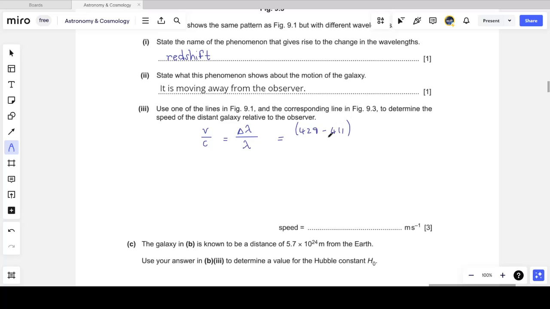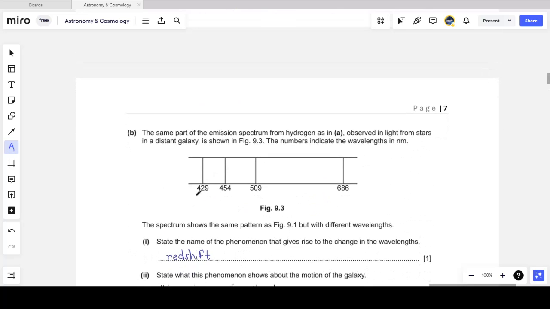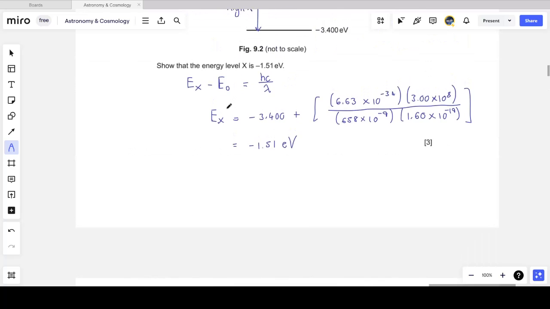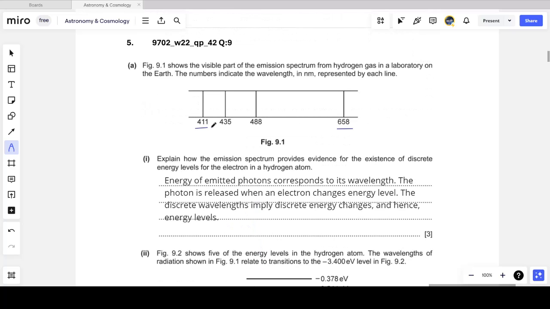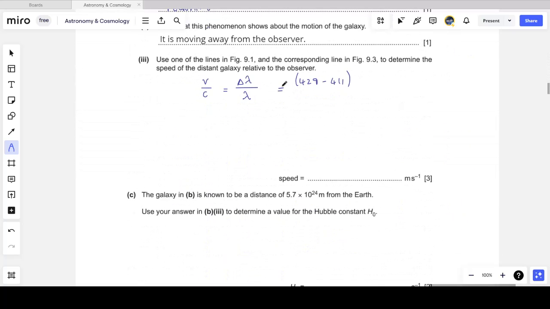You can use any of these lines. I've decided to use the first one on the left, the lowest wavelength, 429 minus 411, and then divided by the wavelength of this line in the lab, in our reference frame, 411. And therefore, I have to find v, so I can multiply this by c.